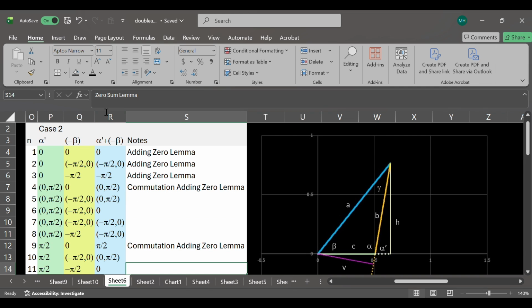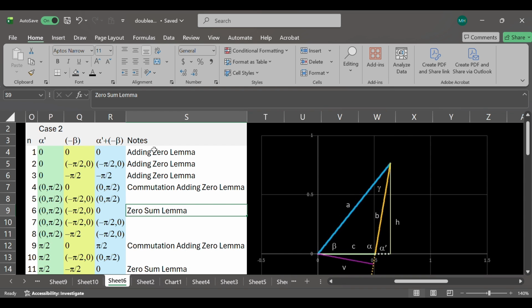Okay, 11, that's an easy one. That's the 0 sum lemma. 6 is also the 0 sum lemma. Okay, those are the easy ones.